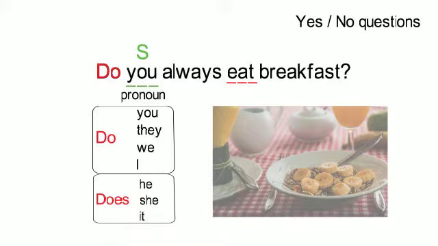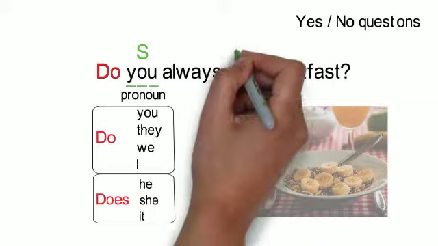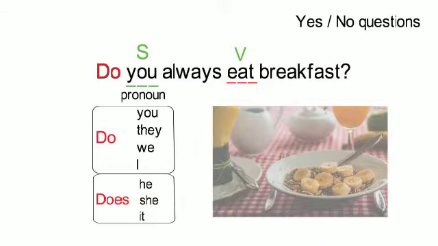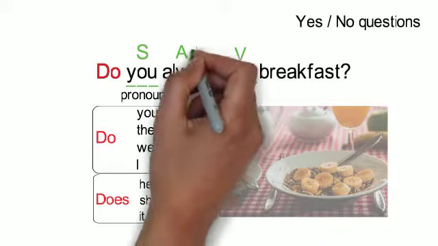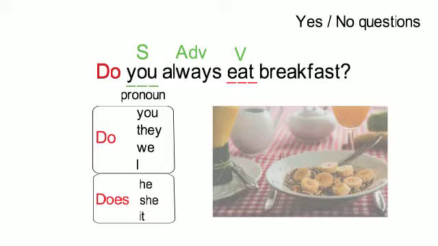Somewhere after the pronoun or the subject is the main verb. In this sentence, do you always eat breakfast? The main verb is eat. Remember that the adverb of frequency comes between the subject and the main verb. Also, the main verb is always in the infinitive form.